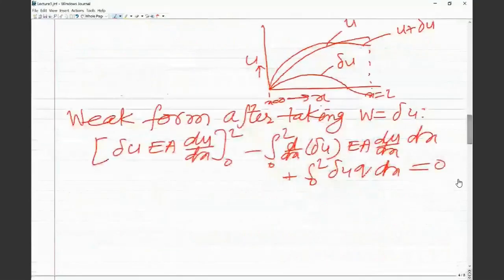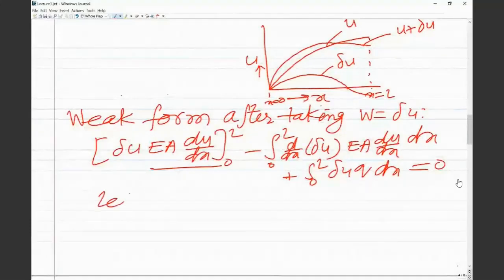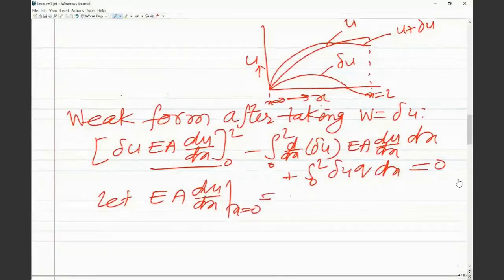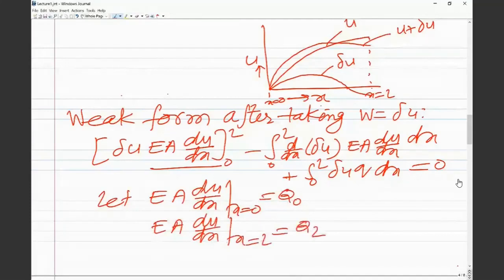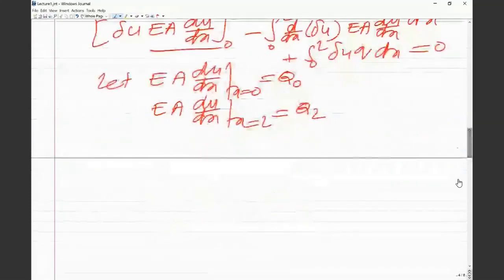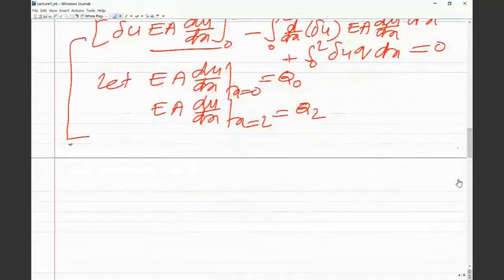Let us say the values of the secondary variable, that is EA du by dx at x equal to 0 and L, are given by q naught and qL. So EA du by dx at x equal to 0 is q naught, and EA du by dx at x equal to L is qL.